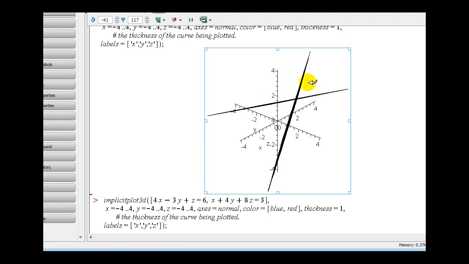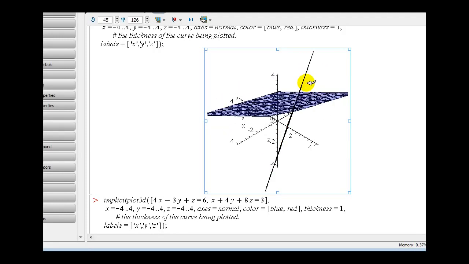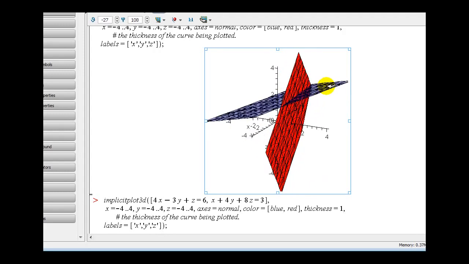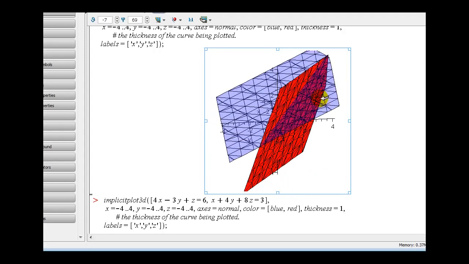This acute angle here does look like it's approximately 62 degrees because it does look like it's more than 45 degrees but less than 90. So it looks like that angle of 62.2 degrees is accurate. Let's go and take a look at one more example.